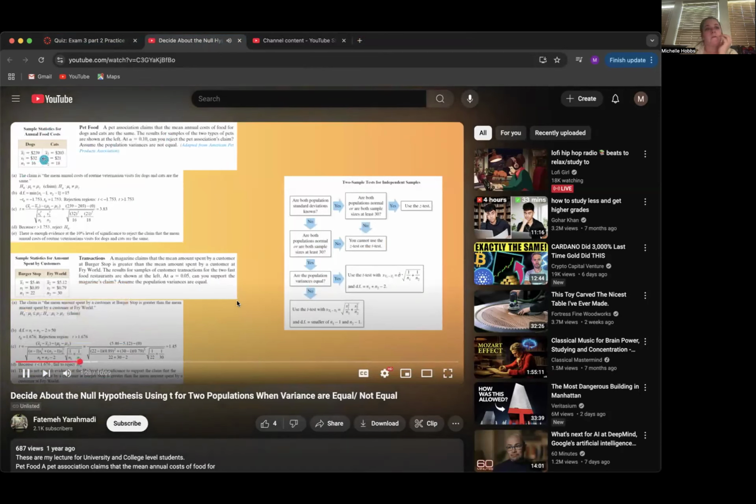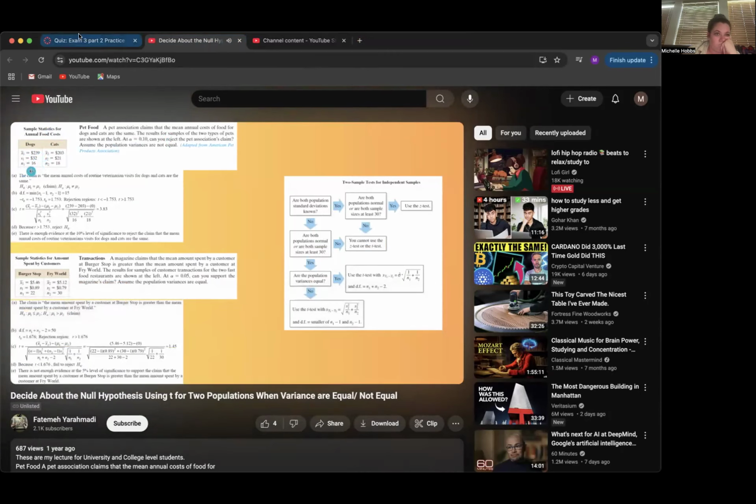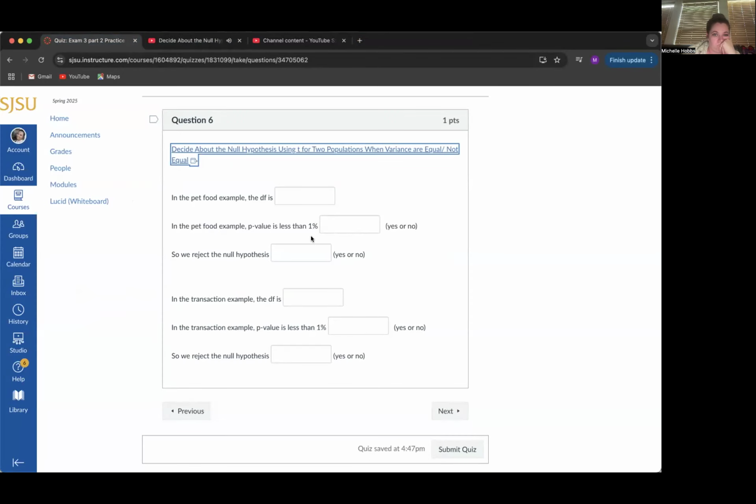For dogs, the average is 239, its standard deviation 32, and sample size is 16. For cats, it's 203, its standard deviation 21, and sample size 18. At 10% level of significance, can you reject the pet association claim? Assume population variances are not equal to each other.